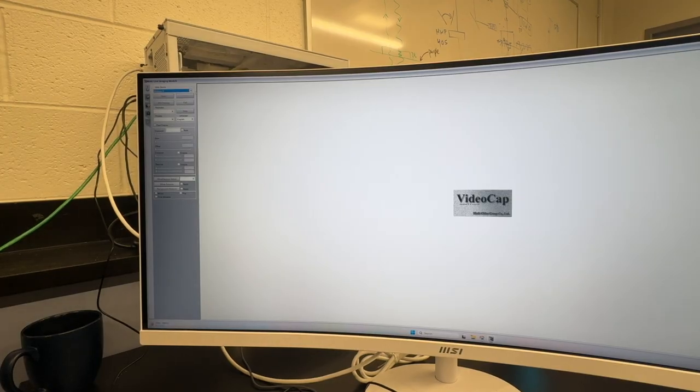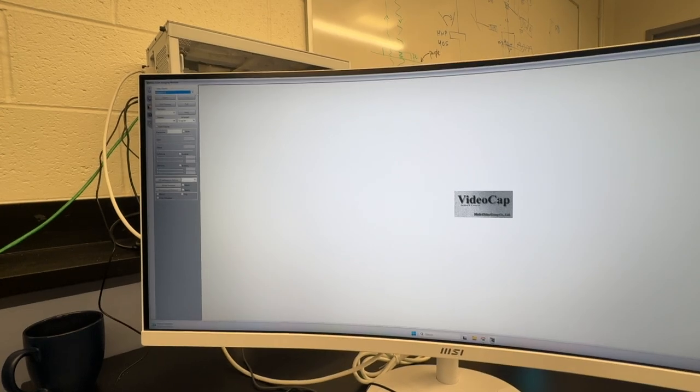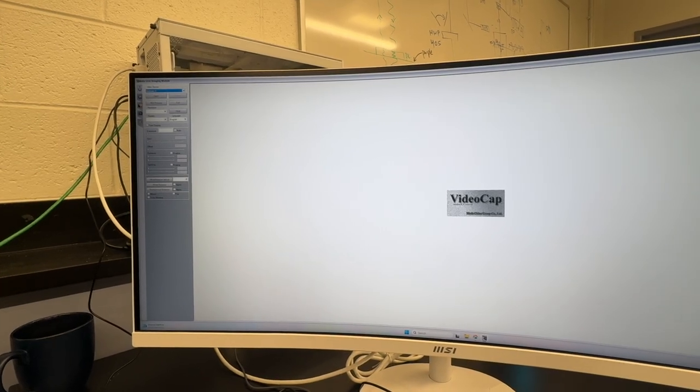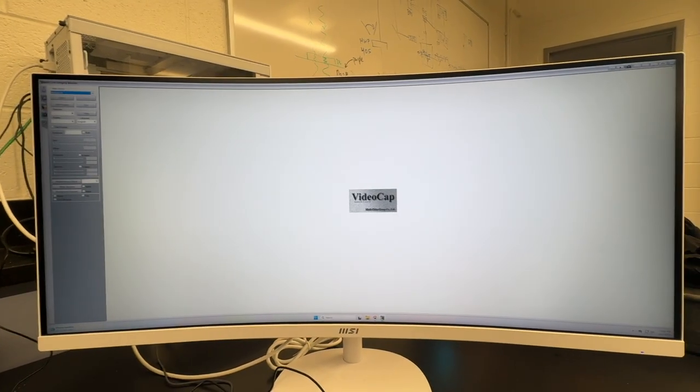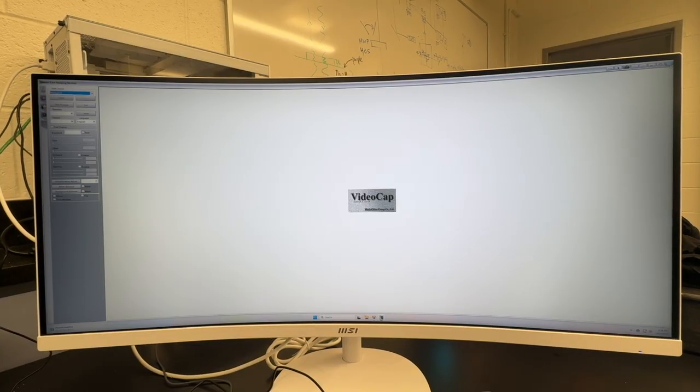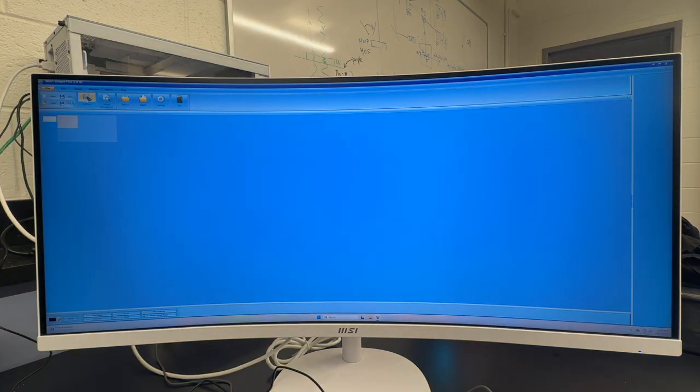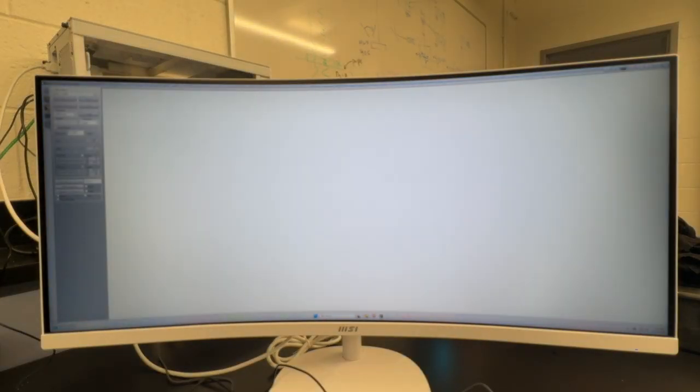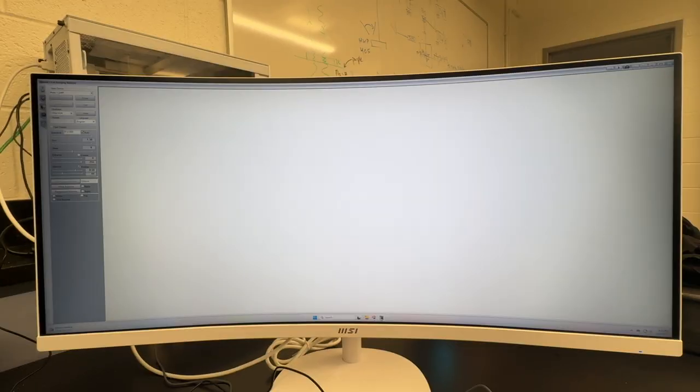So now that we plug that in, you will see a green light on the camera once you plug that in. So I'm going to go ahead and close this capture window and then reopen it, and it should read the new camera. Yep, there we go. Modic 1.3 MP.